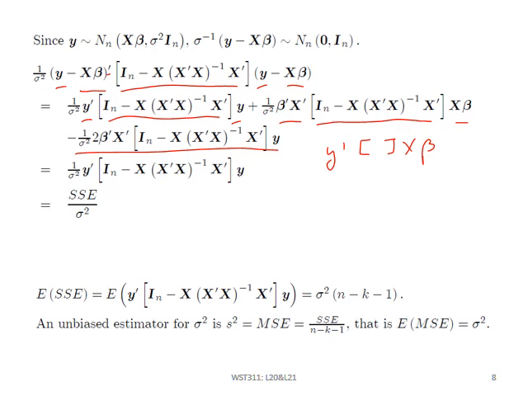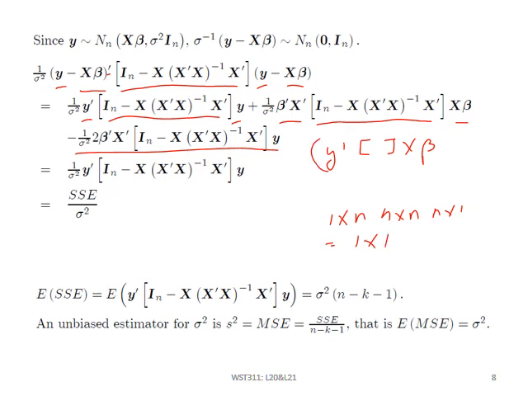Because y transpose is a 1 by n matrix, the matrix between the square brackets is an n by n matrix, and x beta is an n by 1 vector, which leaves us with a 1 by 1 scalar.